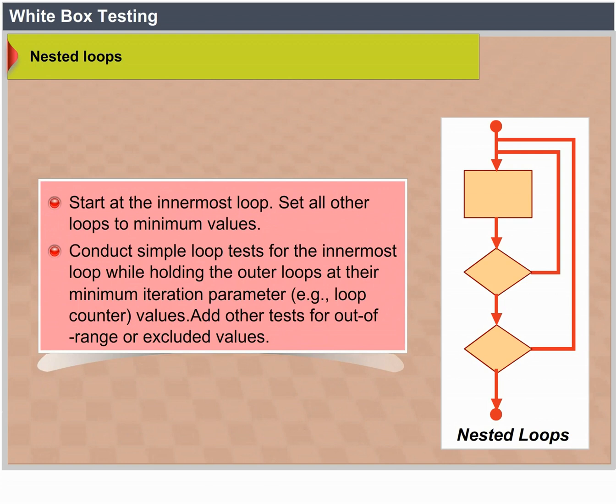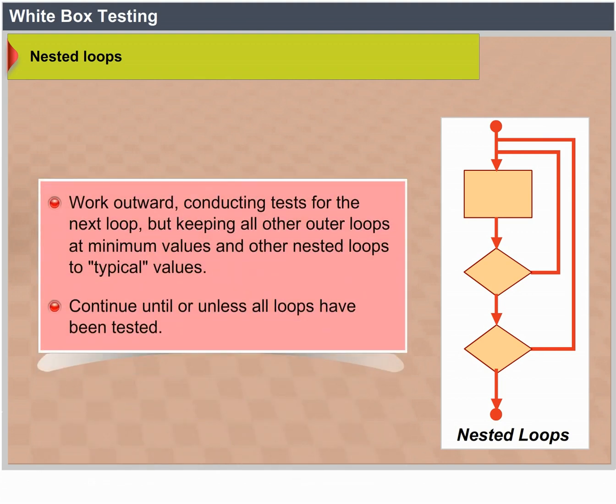Conduct simple loop tests for the innermost loop while holding the outer loops at their minimum iteration parameter, the loop counter values. Add other tests for out-of-range or excluded values. Work outward, conducting tests for the next loop, but keeping all other outer loops at minimum values and other nested loops at typical values. Continue until all loops have been tested.